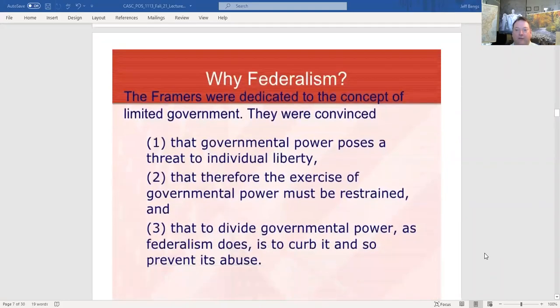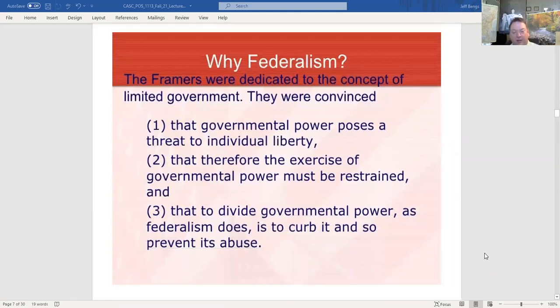So as we focus now on federalism, we're moving into chapter 3 material, if you want to follow along, although I won't be following exactly the outline of the book. Why federalism?